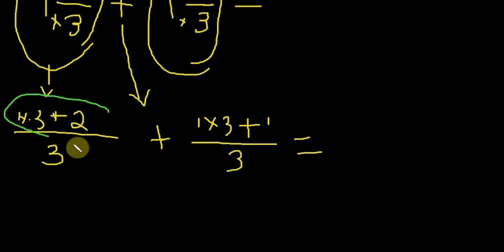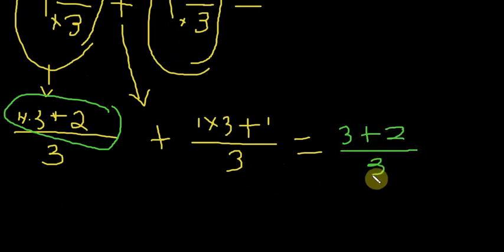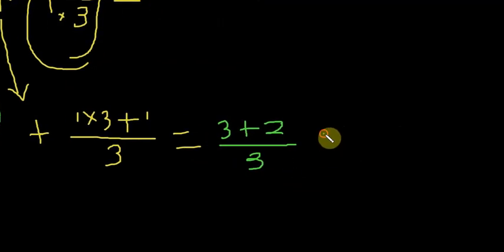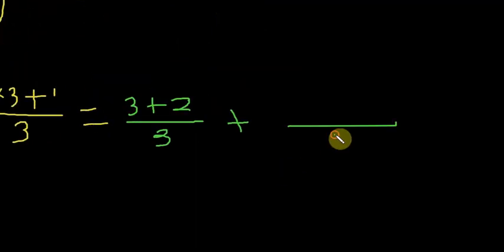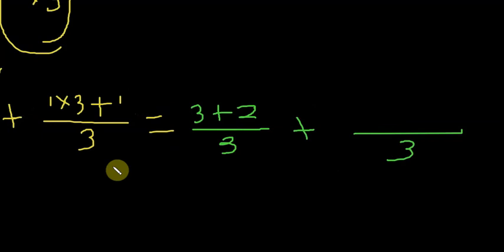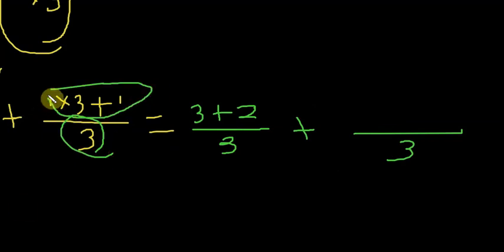So for the final answer, start with that one there. We look at this one here. It will be 1 times 3, which is 3, plus 2 over 3. Okay, plus, we have our 3 there, and we just bring this one as it is.